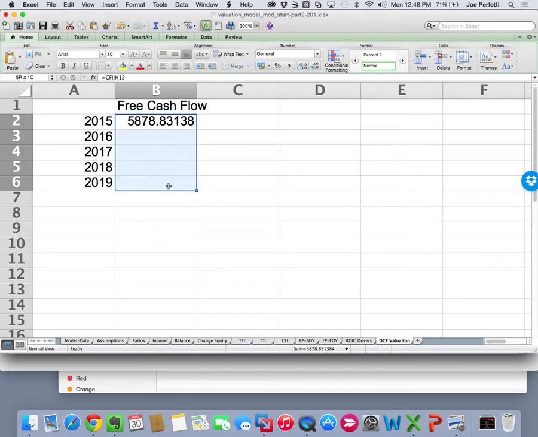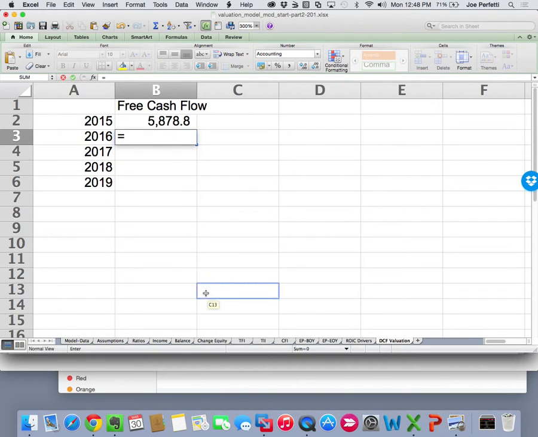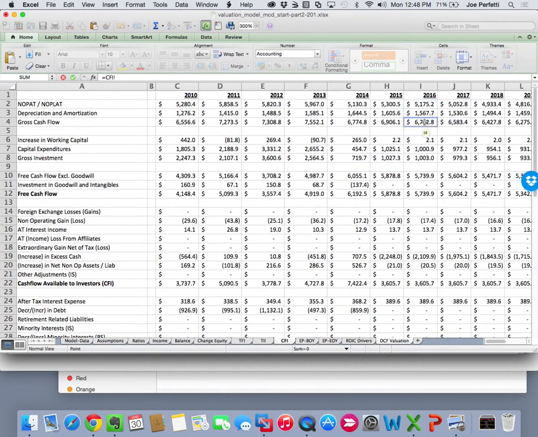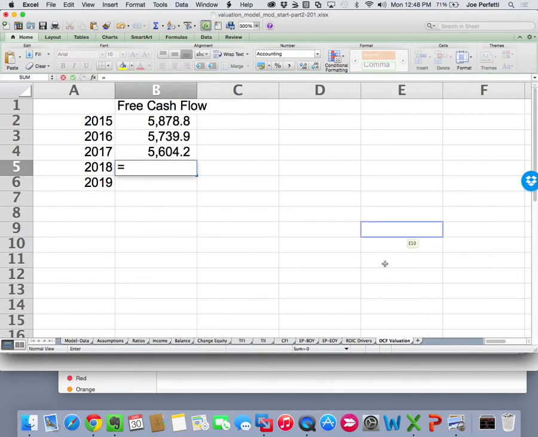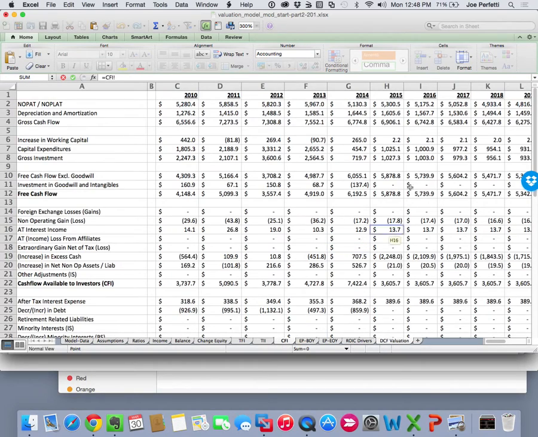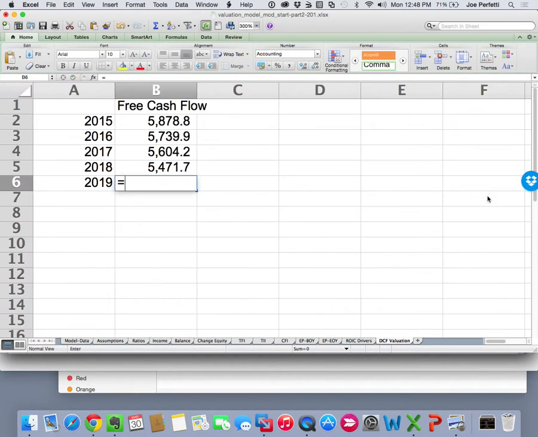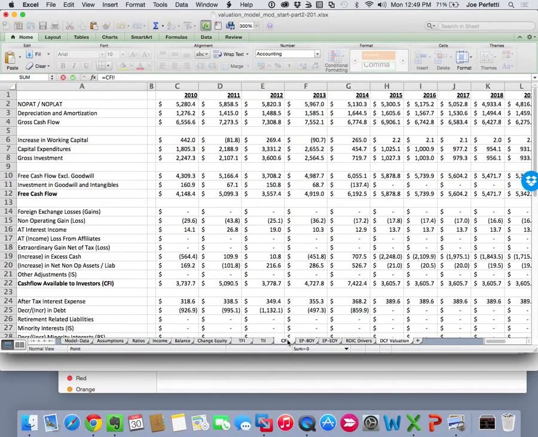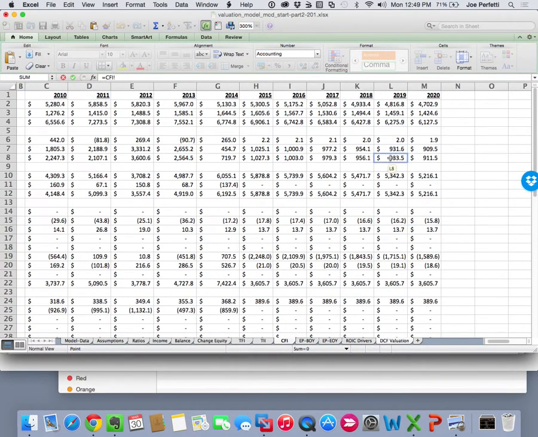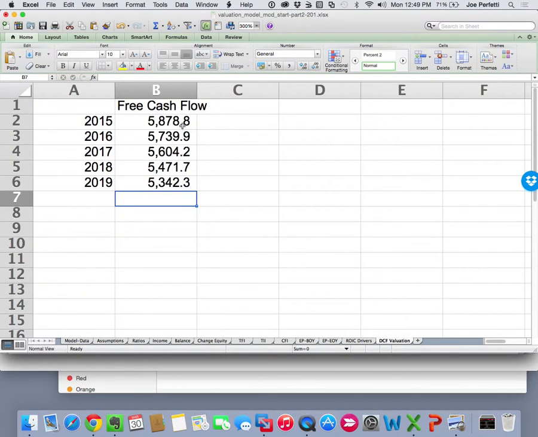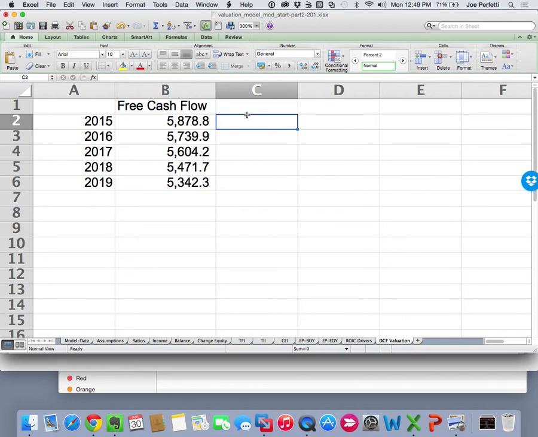I'll format this to 1 decimal place, just to make it a little bit easier to see. 2016 CFI free cash flow is I12. 2017 free cash flow is J12. 2018 free cash flow is K12. 2019 free cash flow is L12. So H, I, J, K, L.